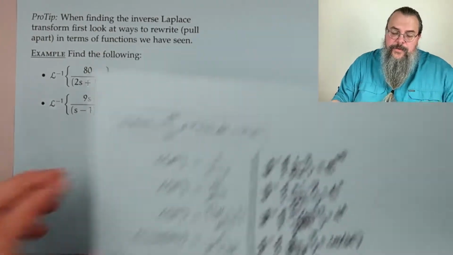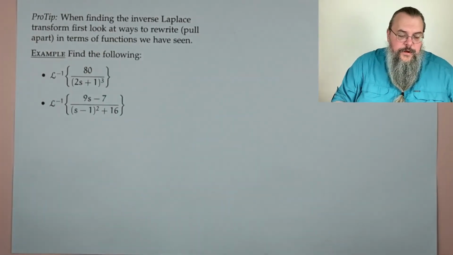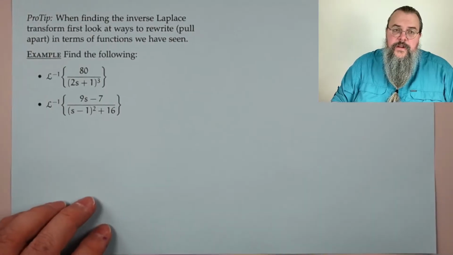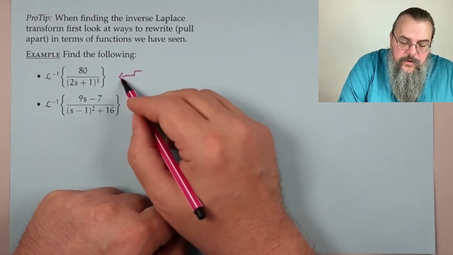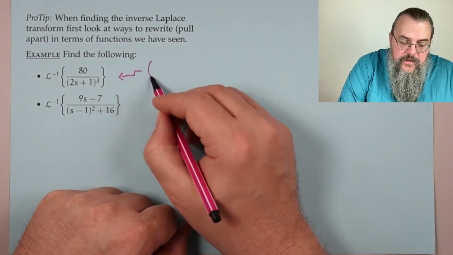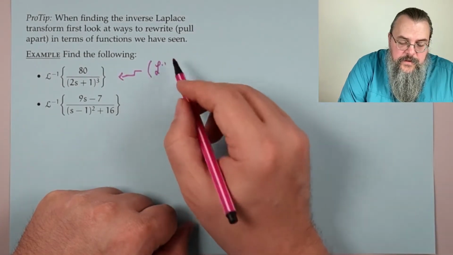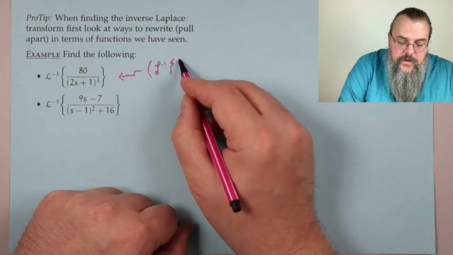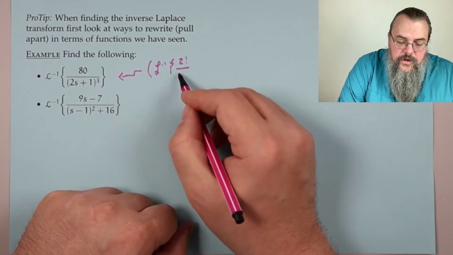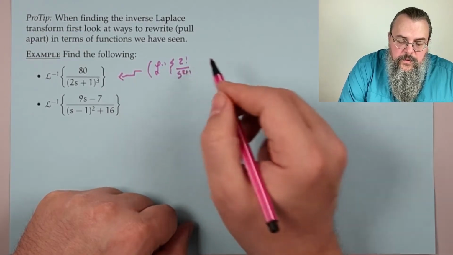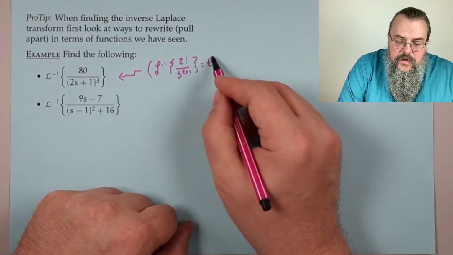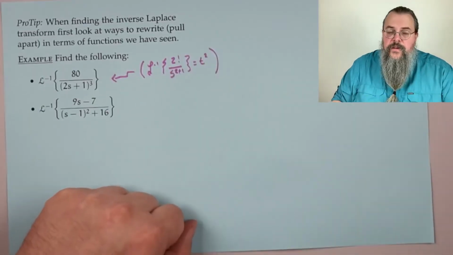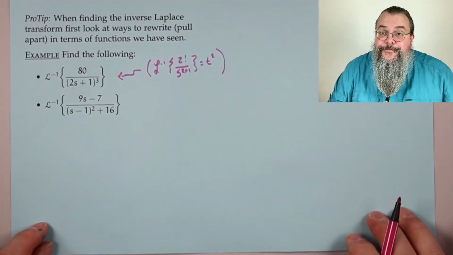For reference, I'm going to make a note for myself that this looks most like the following, namely the inverse Laplace of 2 factorial over s to the 2 plus 1 is equal to t squared. Okay, so that's in the background.